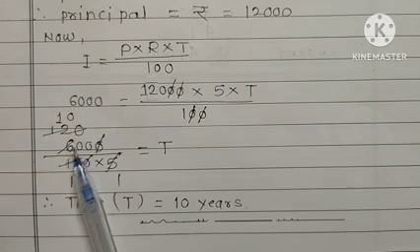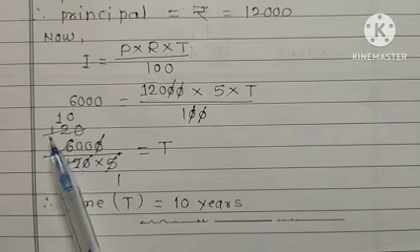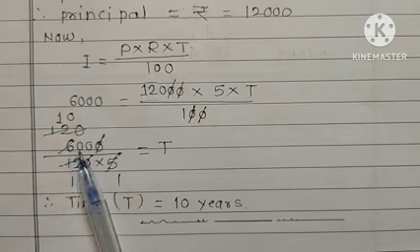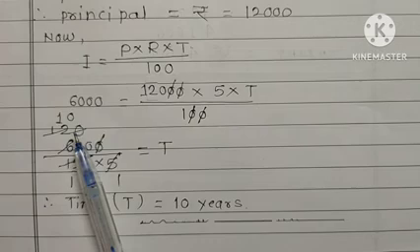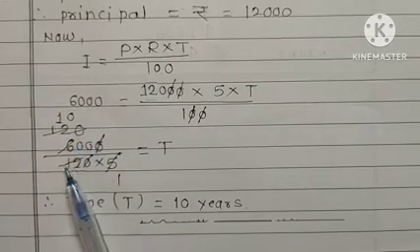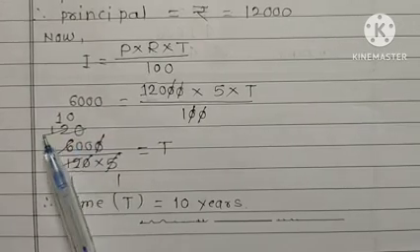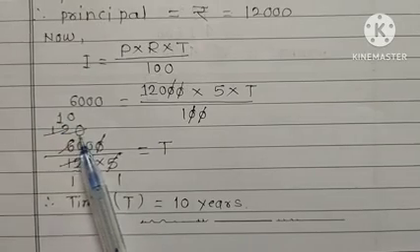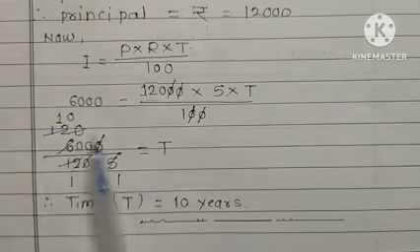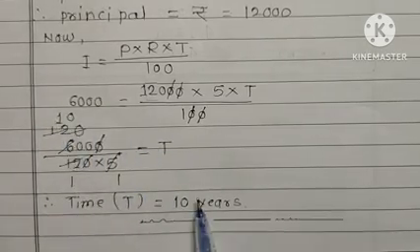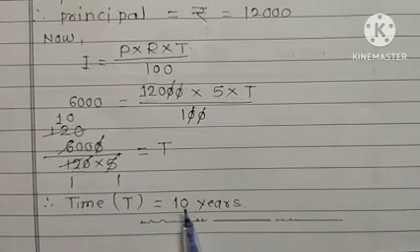Now here 5 twos are 10. This 0 as it is. Now 12 ones are 12. This 0 as it is. So this will give you T is equal to 10. That means time is equal to 10 years.